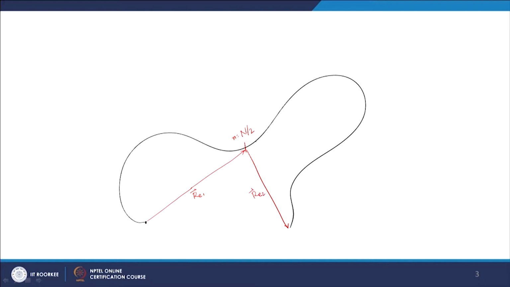If I look at the motion of these individual halves, then it is characterized by the second Rouse mode.